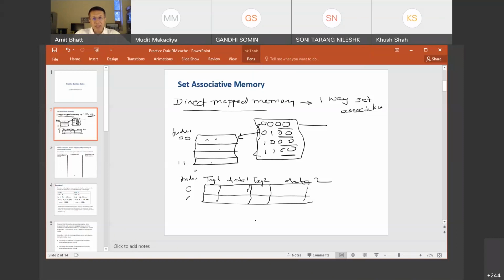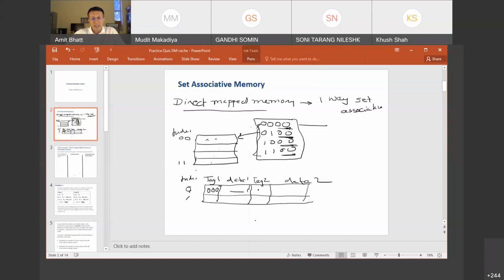So now in this particular case, your index is only the last bit, right? Now instead of 2, this is just 1. So in this case, your tag for the first one would be 0, 0, 0, and data would be whatever it is. Now, when the second one is required with the same index, it can sit here.